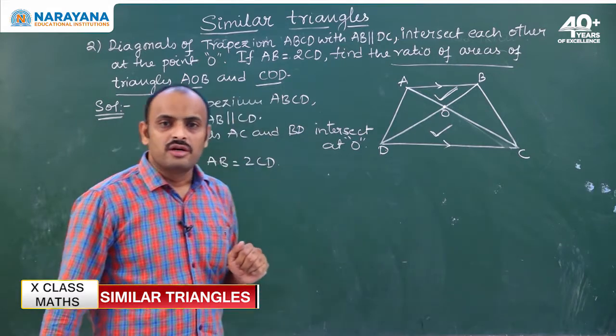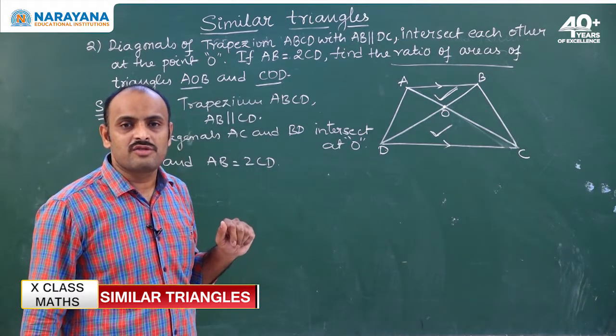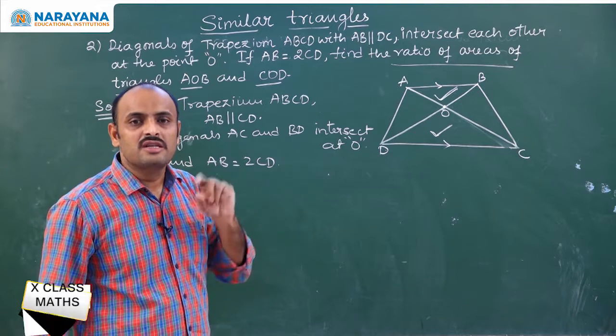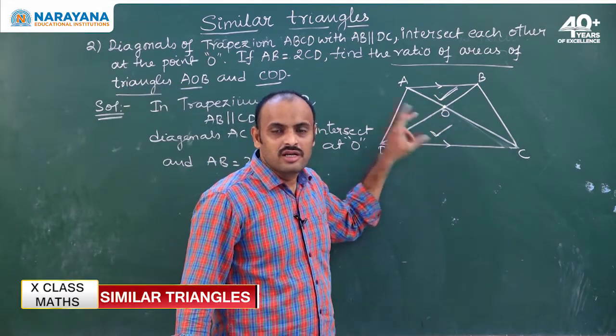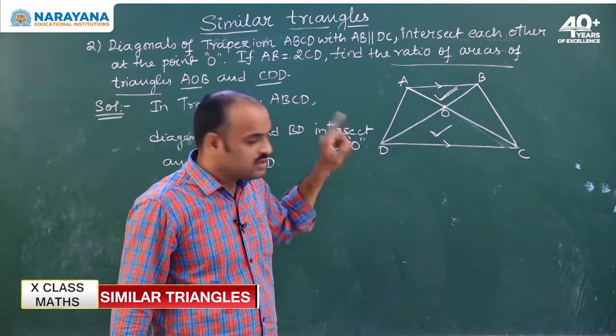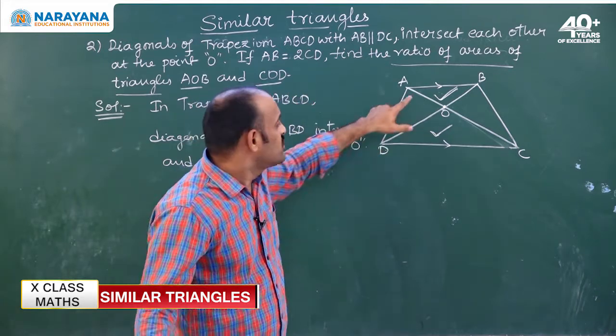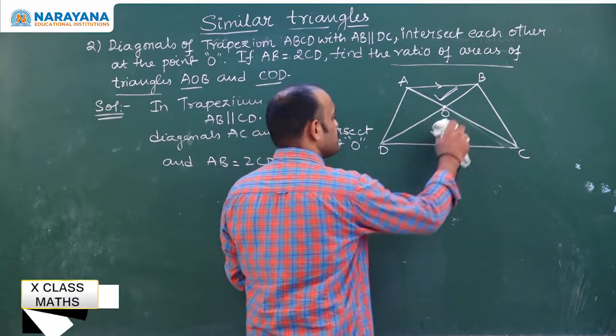So ratio of area of similar triangles is equal to square of the ratio of the corresponding sides. If these two triangles are similar, then I can use that formula. So first I will try to prove these two triangles are similar.